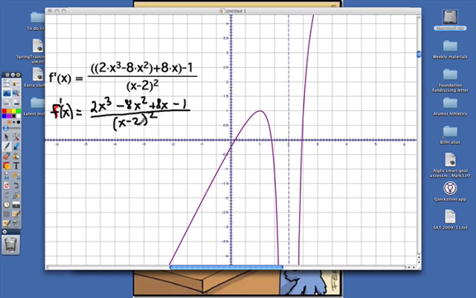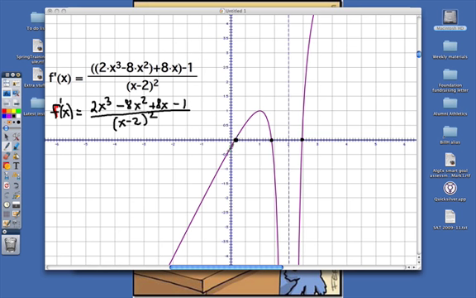So it looks like, based on the graph, I've got 3 places where I know the derivative is 0, here and here and here. And then also at the asymptote, x equals 2, there's a critical value. Take a look at this first critical value, whatever that x value happens to be.